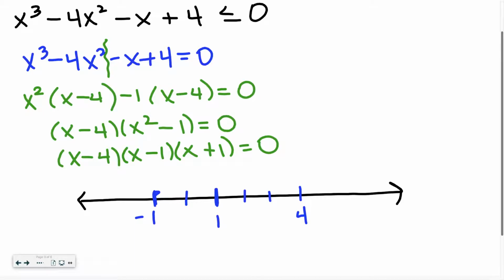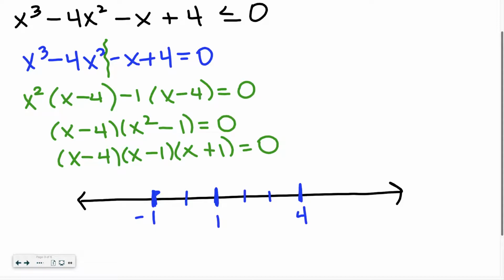I'm just going to do tick marks right now. These are my x-intercepts. Now, since I have 3 zeros, there are 4 different chunks of our number line. We have the chunk before -1, the chunk in between -1 and 1, the chunk between 1 and 4, and the chunk after 4.